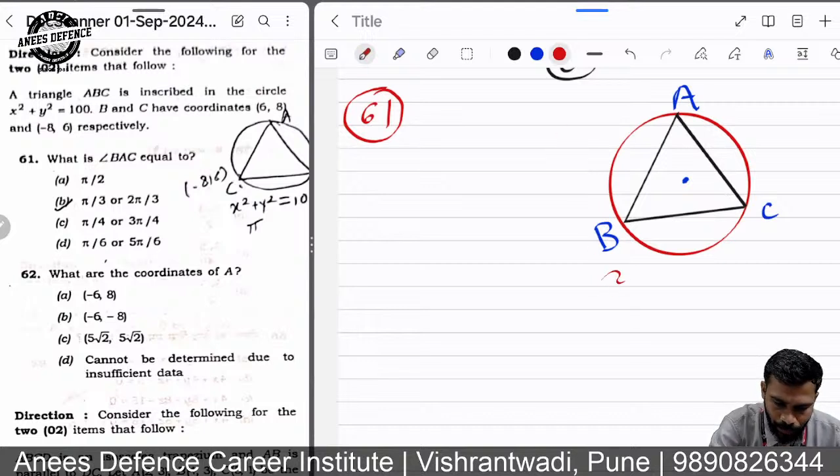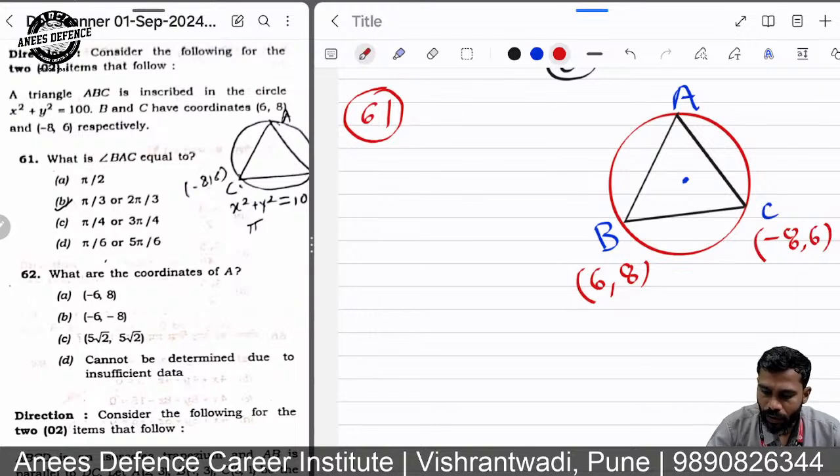Now, if you see, sorry, the coordinates of B are 6, 8 and C is minus 8, 6, right? Okay. And this is the center. So this is O, which is 0, 0, right?